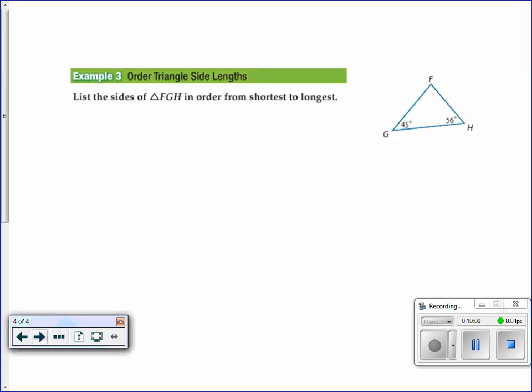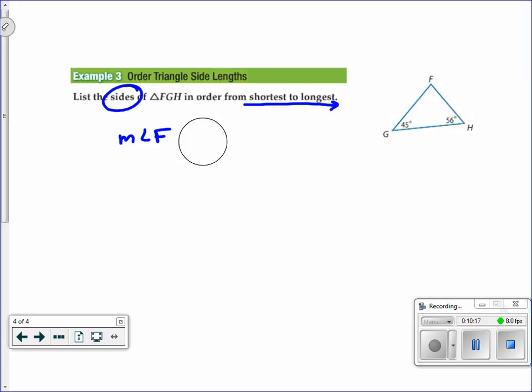And then the last one, we're going to work the sides out. So we want the sides, again, shortest to longest, but we don't have all of the angles to help us determine, so we're going to have to come up with that value. We know that the measure of angle F plus the 45 degrees plus the 56 degrees would equal 180.